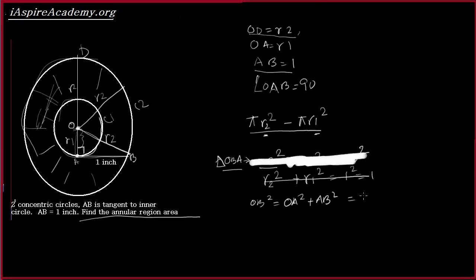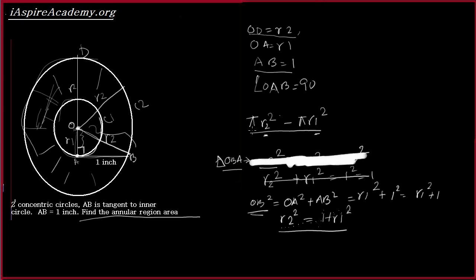OA is R1, so R1 square plus AB square, which is 1. OB is again R2, so R2 square equals 1 plus R1 square.